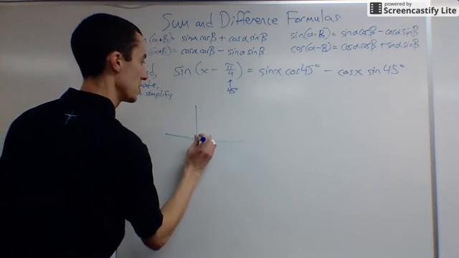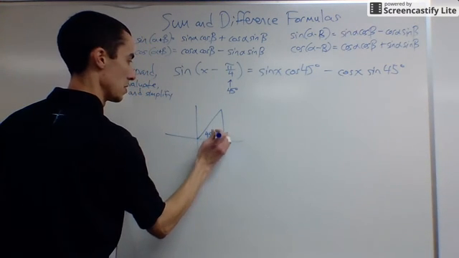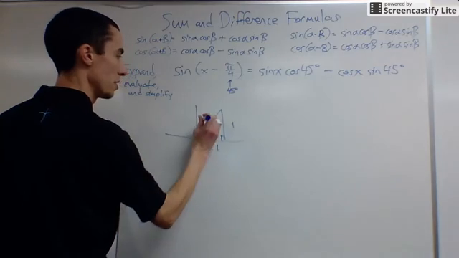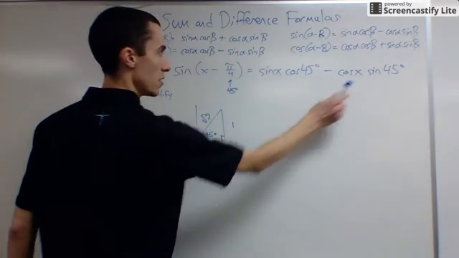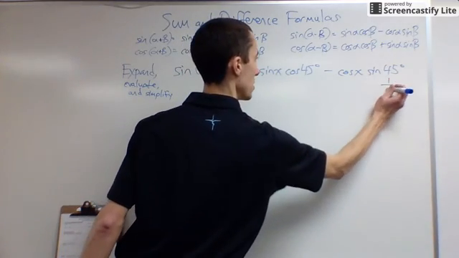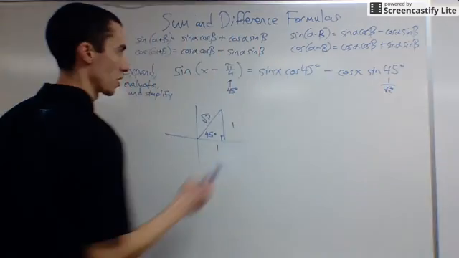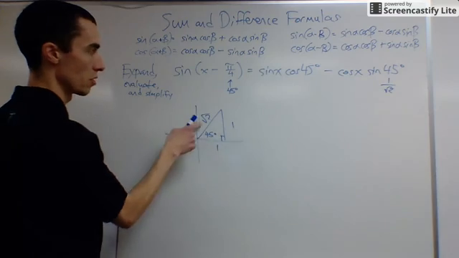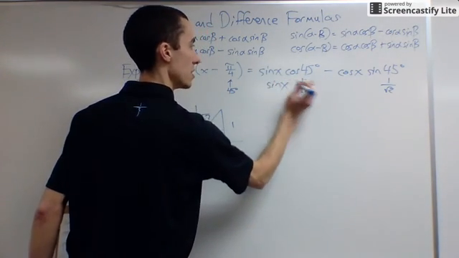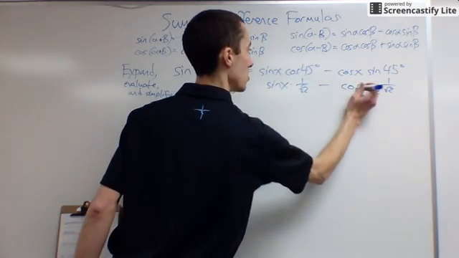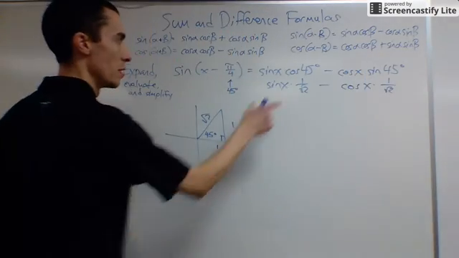Sine of 45 degrees is 1 over root 2. Opposite over hypotenuse for the sine of 45 degrees. Same with the cosine of 45 degrees, 1 over root 2. So we've got the sine of x, cosine of x.